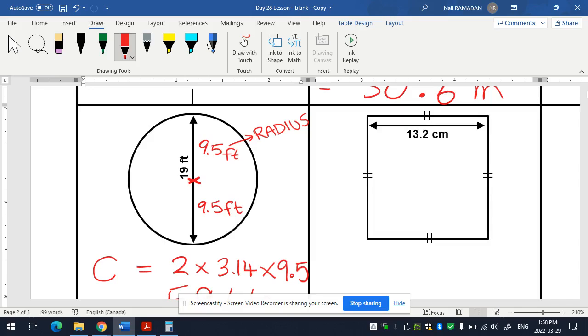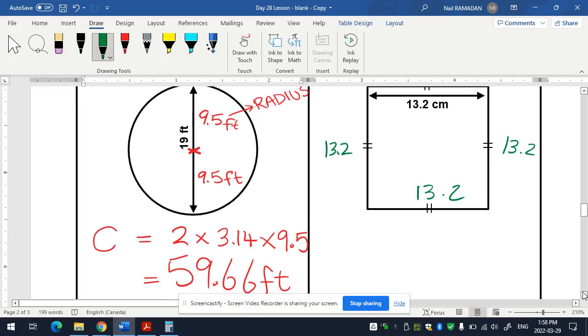They're all the same, which means you are more than welcome to write 13.2 here, 13.2 here, 13.2 here. To get the perimeter, you can add the same thing how many times? Or multiply the same number by what? By 4. By the way, has anyone heard of the word? Okay, what does it mean to double?